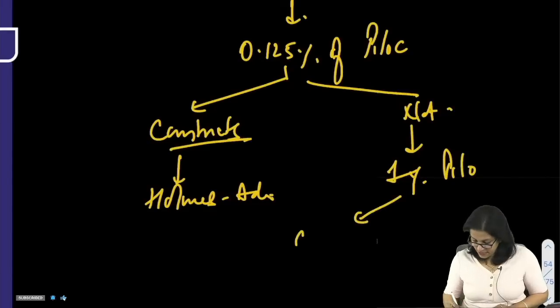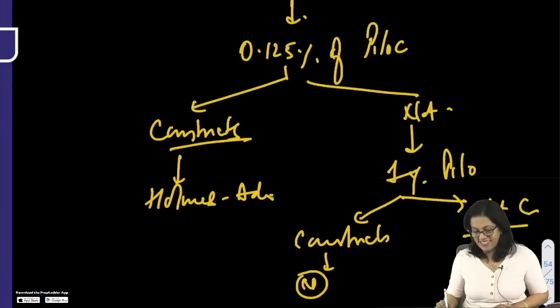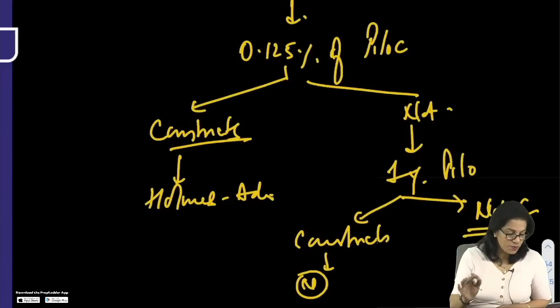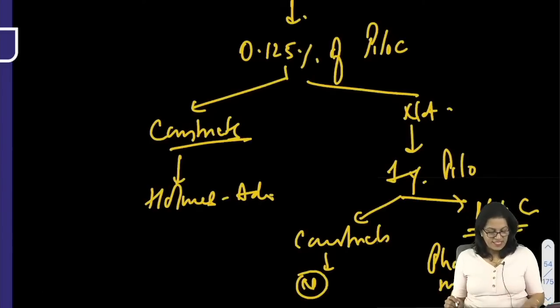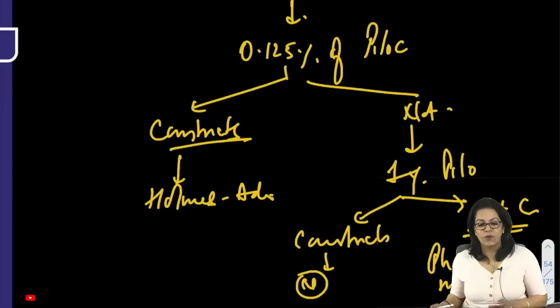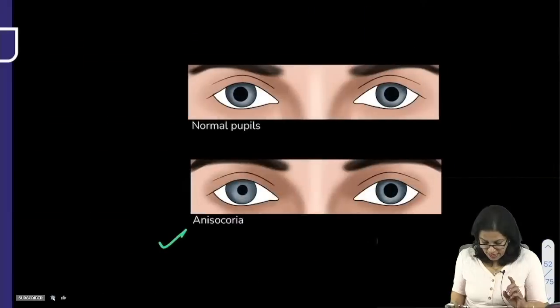If it constricts, this is normal, we don't have to worry. If it is still not constricting, it means a mydriatic has been put. So the answer here becomes pharmacological mydriasis. So this is how we approach this question. That was about anisocoria, and this is how we approach it.